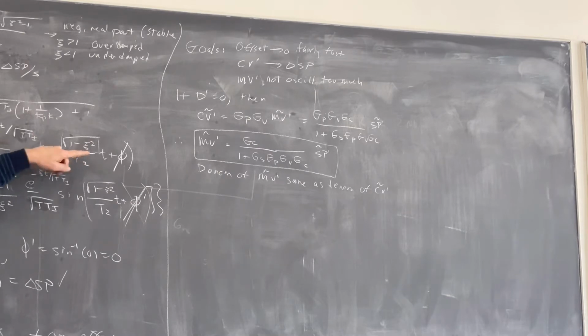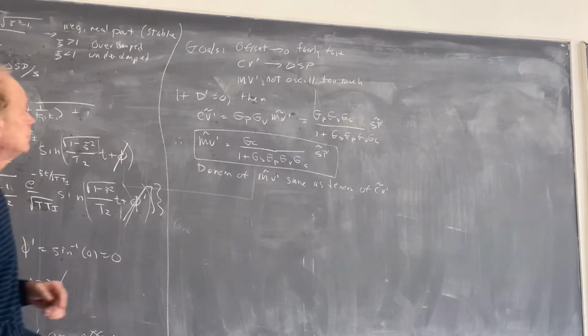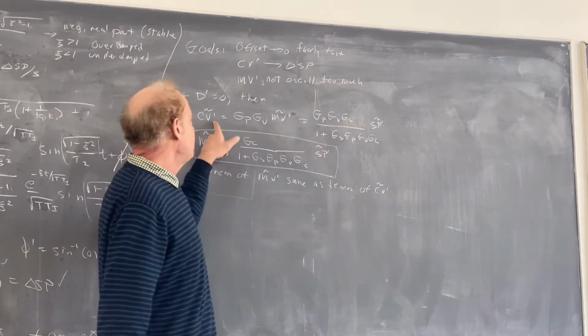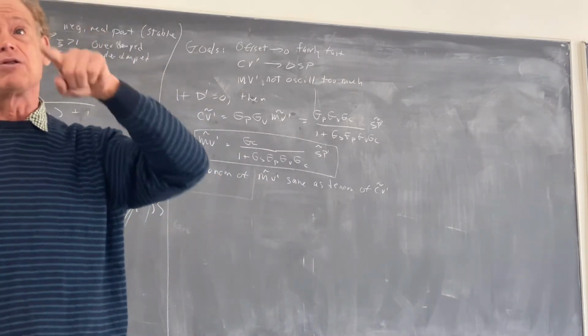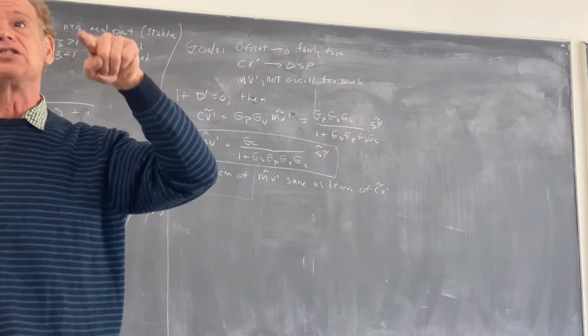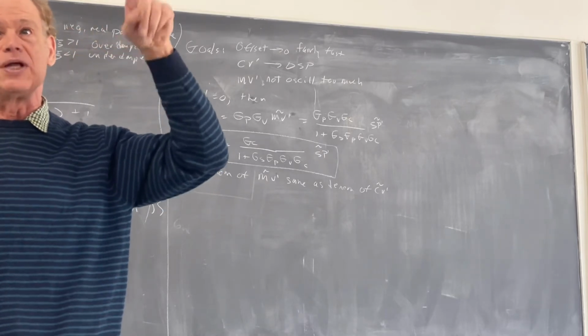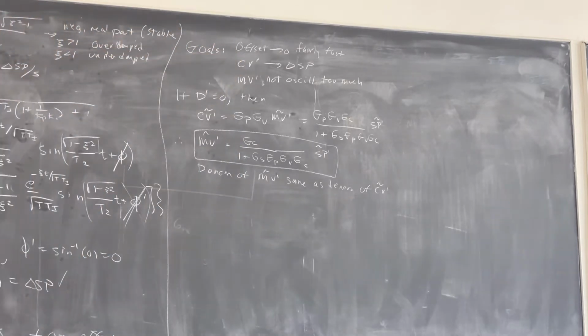So the smaller zeta gets, the faster it oscillates. So if CV oscillates quickly, so does MV. Even though it's decaying, in this particular example, it's oscillating quickly. If it oscillates quickly, the valve is opening, closing, opening, closing. And then it's going to break. So that's something we don't want.